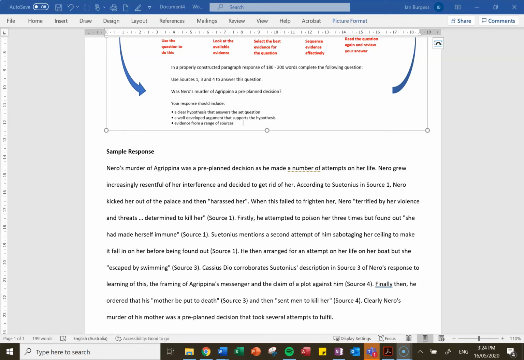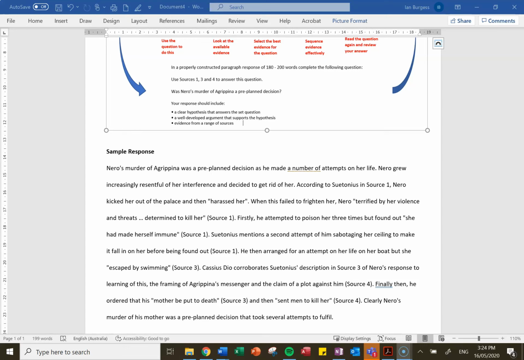So Nero hears the plots in the background about how she's trying to maneuver him out of power, and so he reacts to that. So this is obviously an idea that I'm presenting that shows that it was pre-planned, that the reason why Nero acts the way he does is because he's afraid of either losing power or actually even being killed by his own mother.